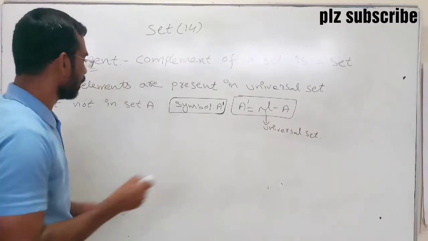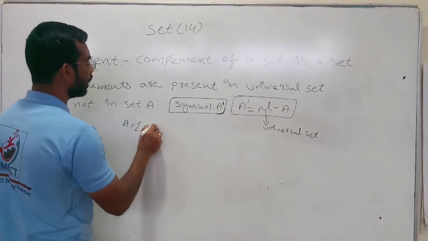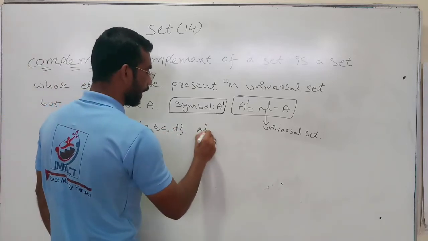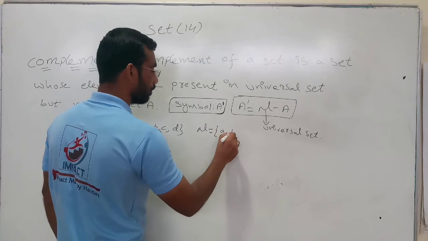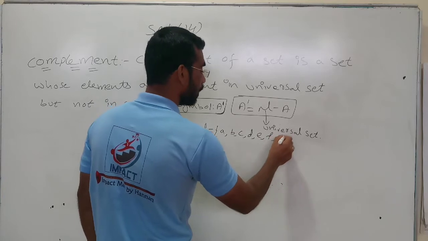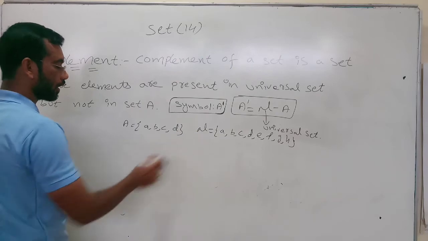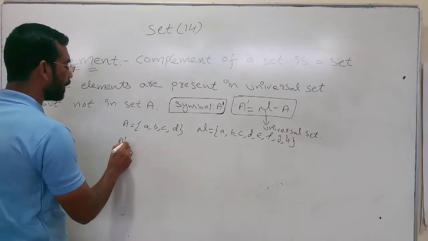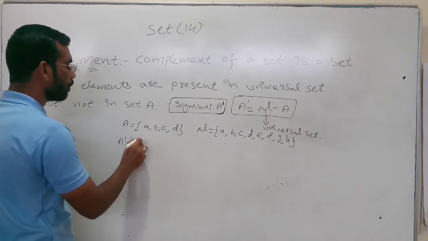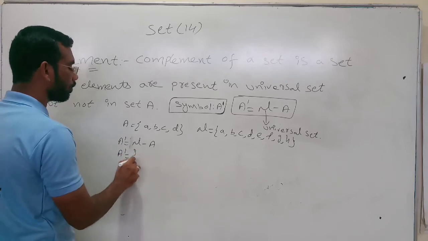You see, here I am taking A as A, B, C and D. Mu I am taking as A, B, C, D, E, F, G, H. This is the universal set. Now A complement is equal to, what will you write for A complement? Mu minus A. What is mu here?